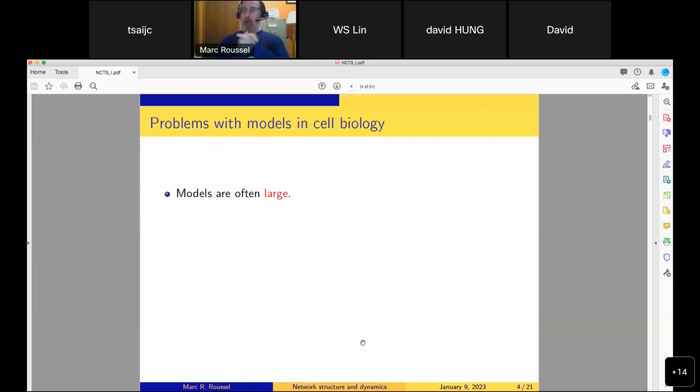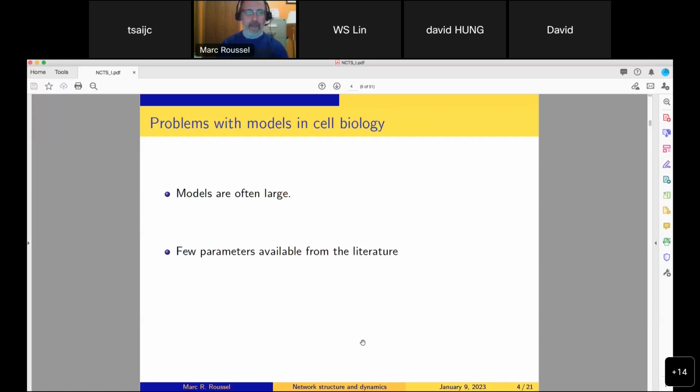So let's talk about the problem. Models in cell biology and biochemistry are often really large: dozens, if not more, chemical species, and as many or more chemical reactions. These are considered small models in some ways. There are some models with hundreds of species and a correspondingly large number of chemical reactions. Very few parameters are available from the literature.